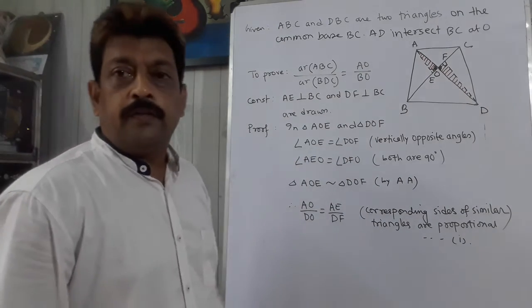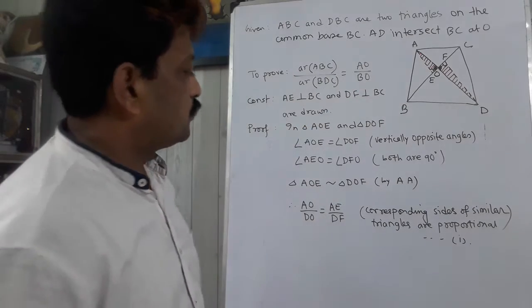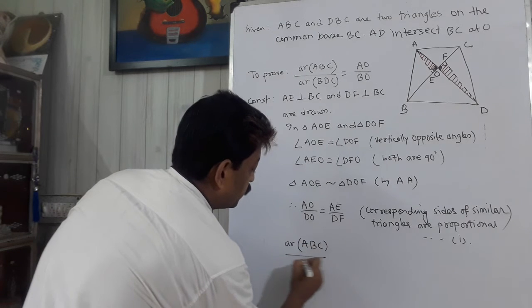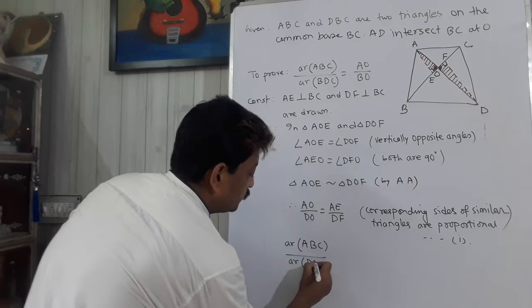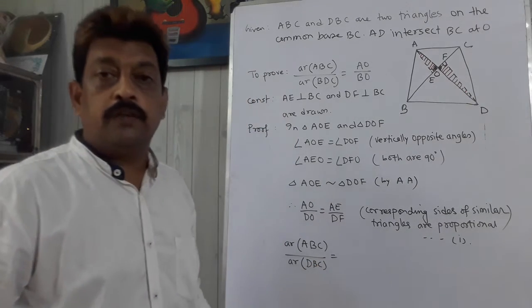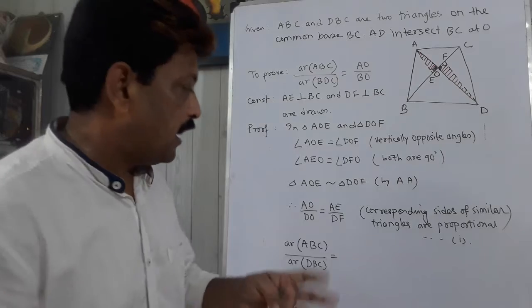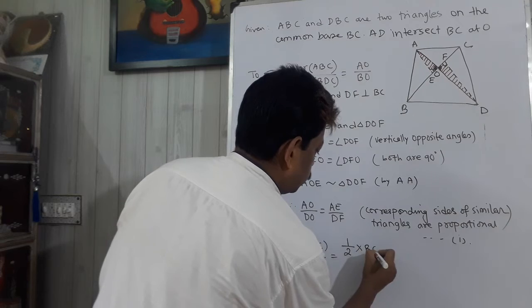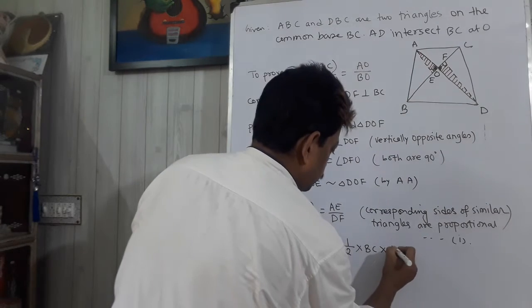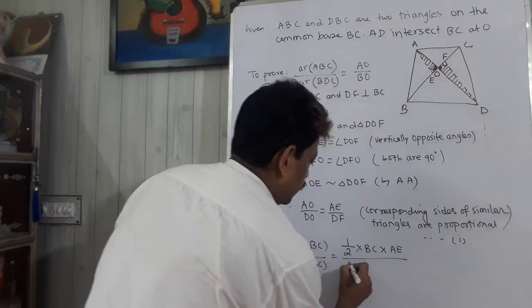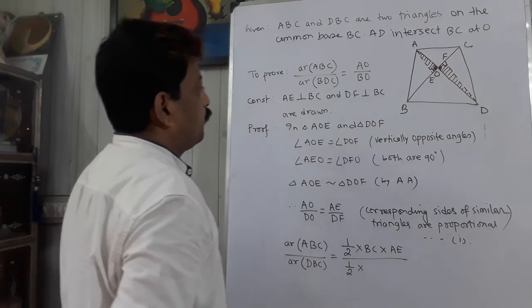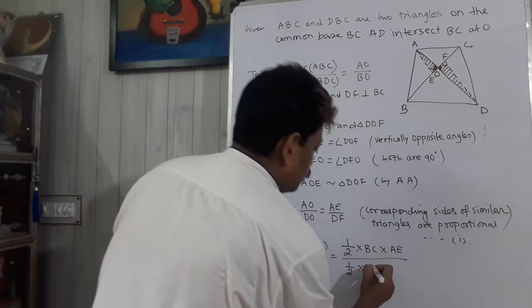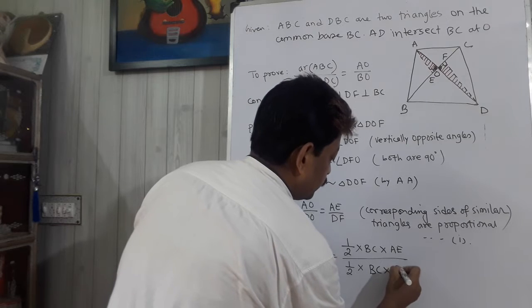Now let us find the ratio of areas of these two triangles. Area ABC upon area DBC, we have to use the formula of area of triangle, that is half into base into height. Half base of triangle ABC is BC and height is AE, and half base of the triangle DBC is also BC and height is DF.